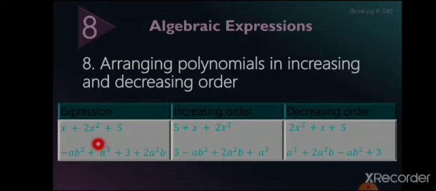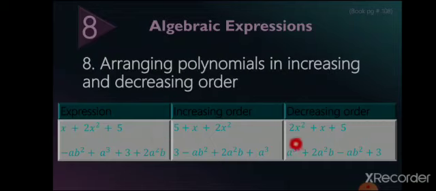Okay, let me show you from this one. We have to move like this. The power of a is cube. This is the highest power. After this, the power of a is 2. That means it should be placed in the second number.